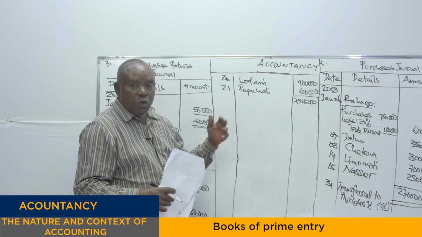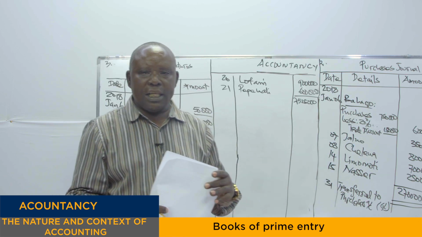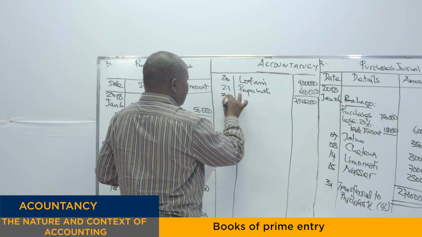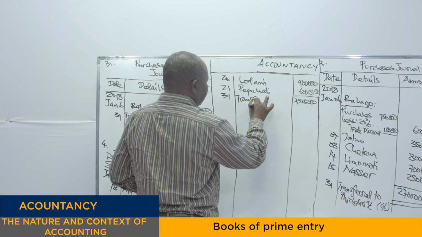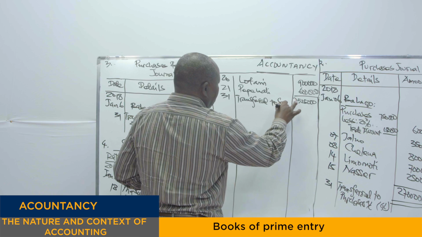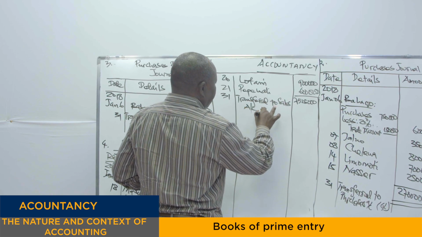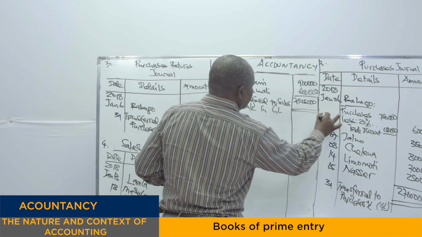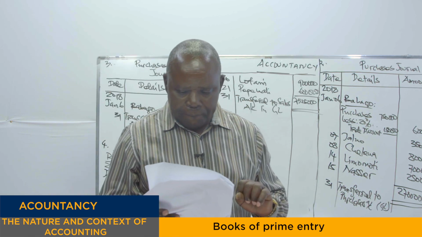And therefore, we are transferring this total to the general ledger into the sales account. So we write here 31st, transferred to sales account in general ledger.